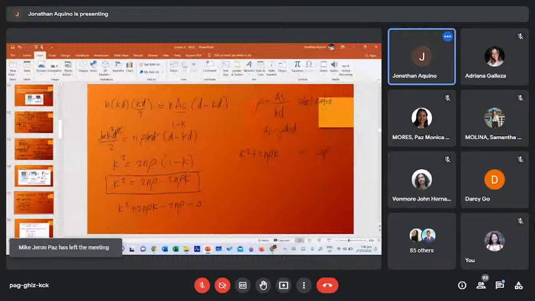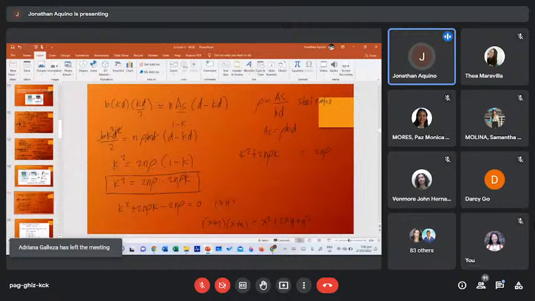Anybody? Diba yung x plus y? So, x plus y times x plus y is just simply x squared plus 2xy plus y squared. So ano yung x dito?